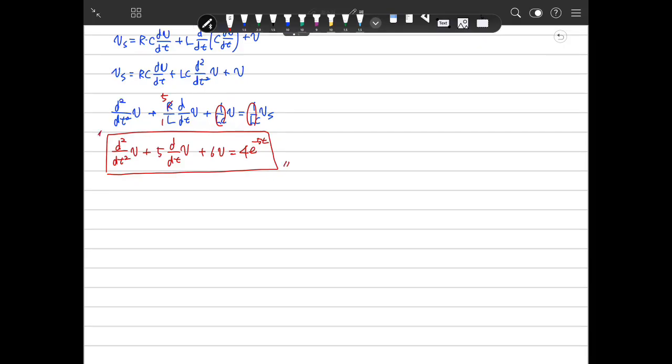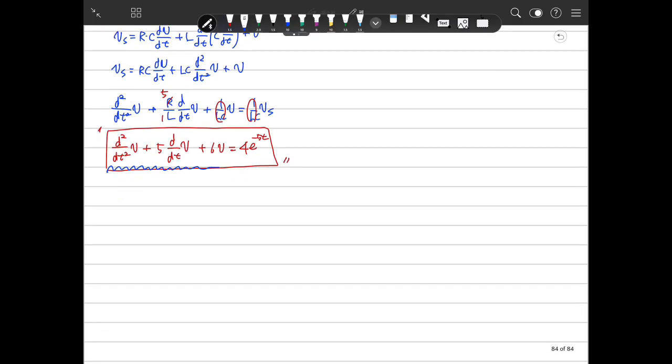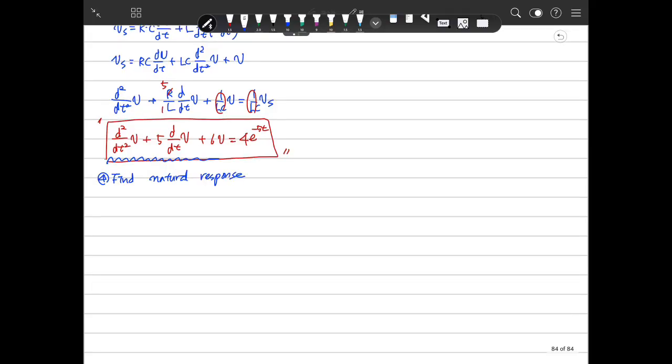Based on this, the first thing we have to do is find the natural response. That will be the characteristic equation: s squared plus 5s plus 6 is 0.